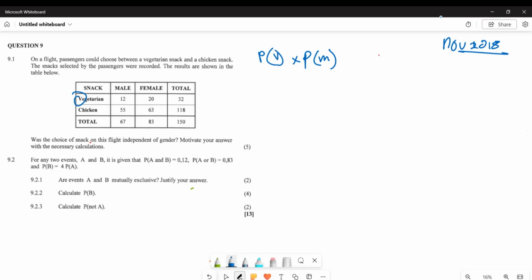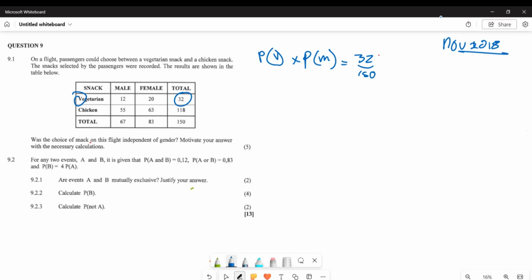Now, what is the probability of the vegetarian snack? The probability of getting a vegetarian snack, regardless of gender, is 32 out of 150, which is the sample space.